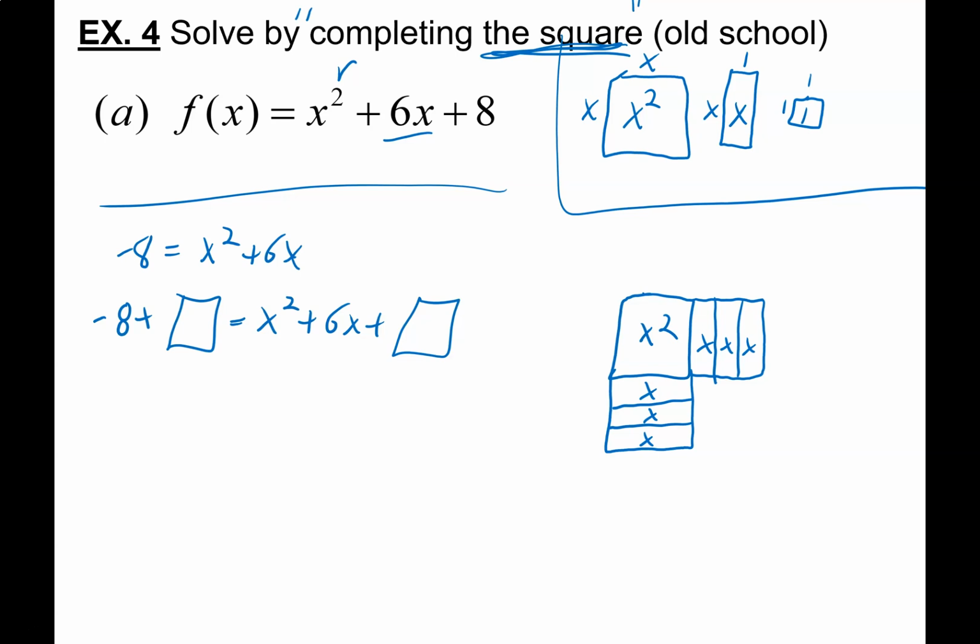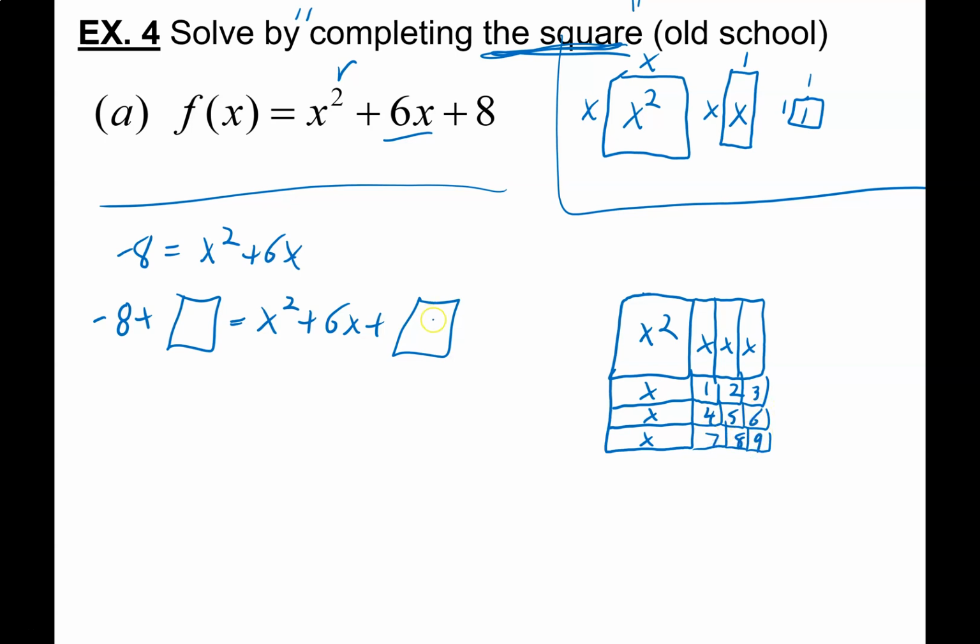Now I might say, well, big shot, that still doesn't make a square. We're not done yet. It would make a square if I did this. If I just filled in these little boxes here. How many little boxes did I fill in? Let me see. 1, 2, 3, 4, 5, 6, 7, 8, 9.